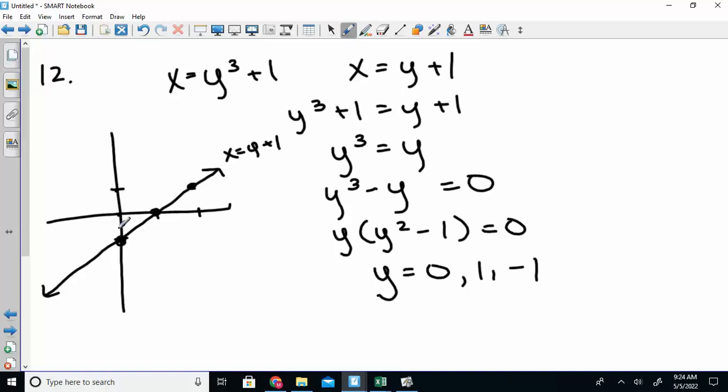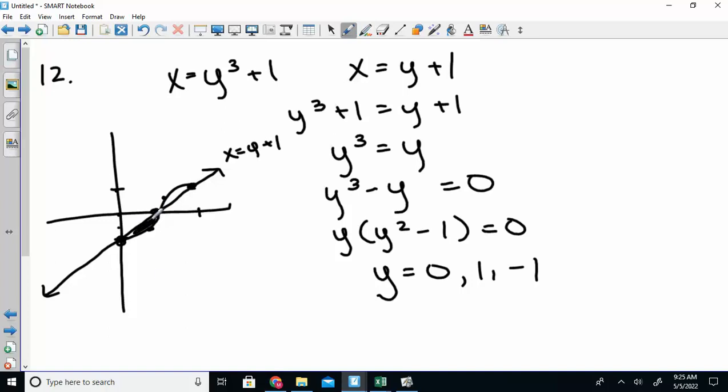So if I put in maybe a negative 1/2 for my y, negative 1/2 cubed is negative 1/8 plus 1 gives us 7/8. So when my y is negative 1/2, I get 7/8. If I put in a positive 1/2, I get 1/8 plus 1, so 1 1/8. So when my y is a positive 1/2, we get just barely over 1.